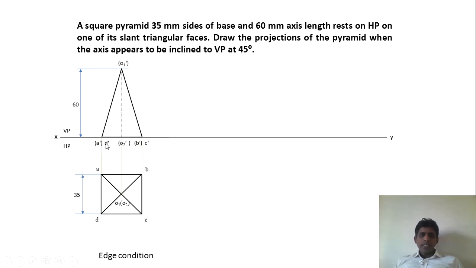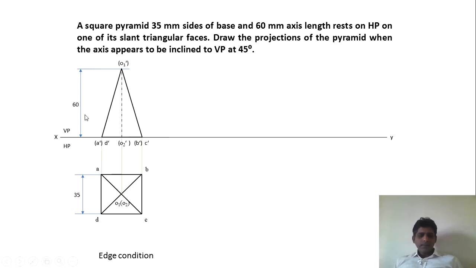Join the point A dash D dash to point O1 dash and B dash C dash to point O1 dash. These two lines represent the edges AD and BC. So this is the initial view. This is how you start the problem.